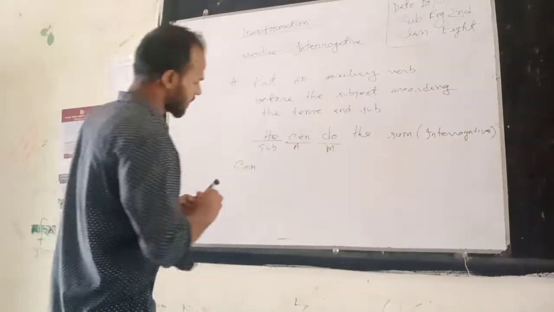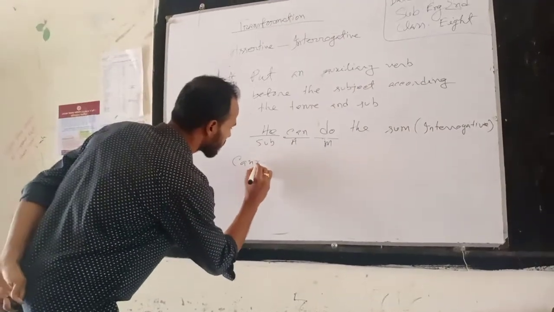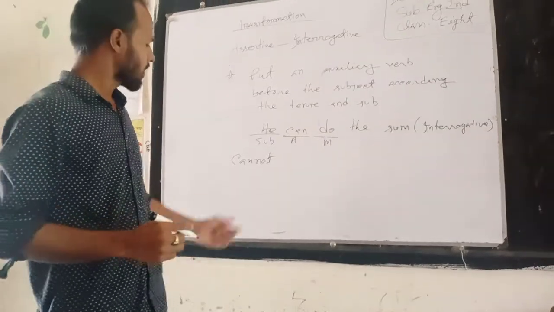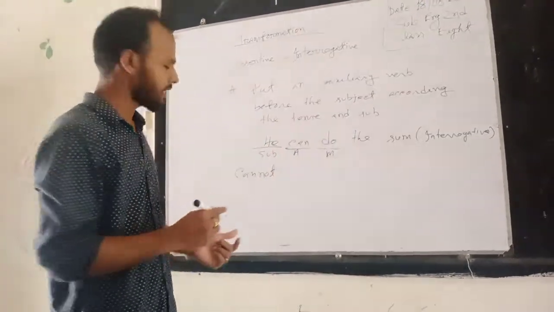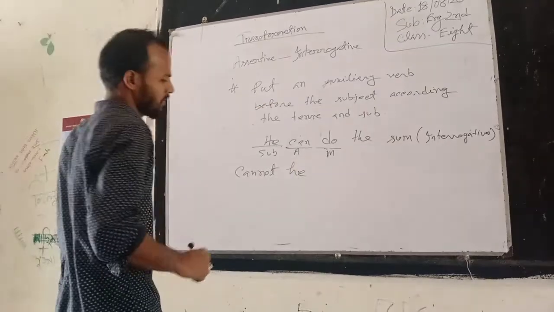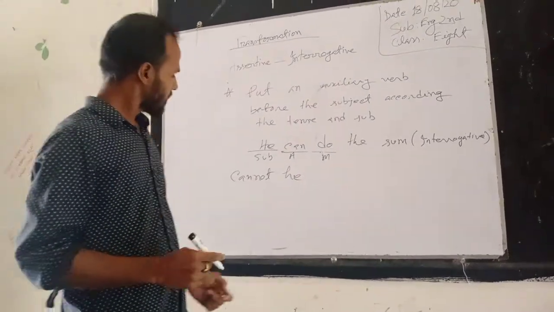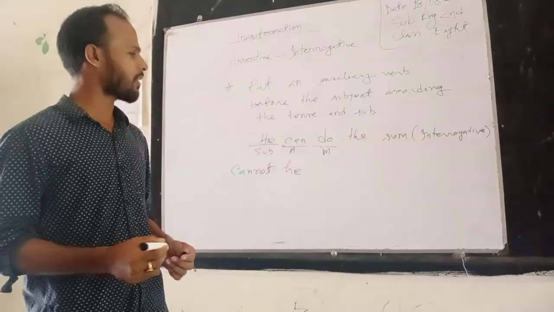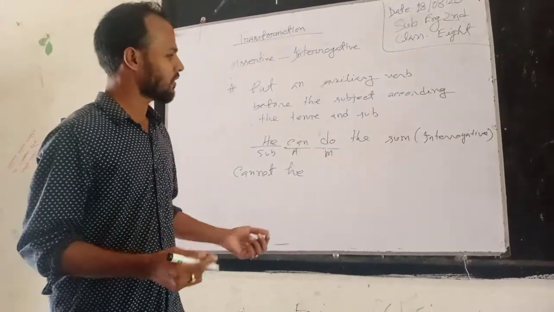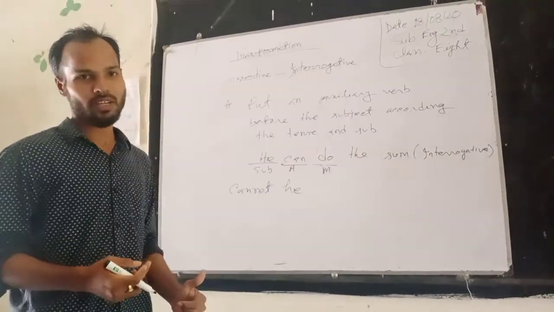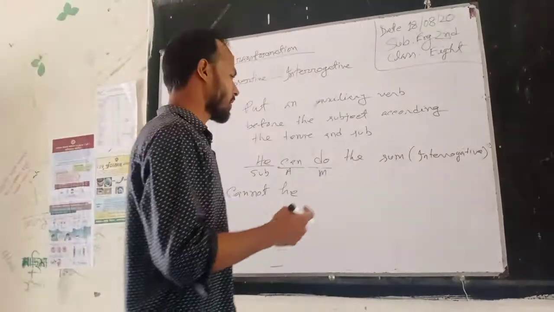Then you have to write the negative word not, cannot. Now you have to write the subject. Your transformation of the sentence is almost done. Now all you need to do is write the rest of the words. Just copy the words.